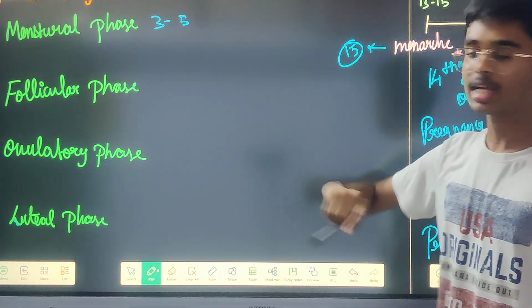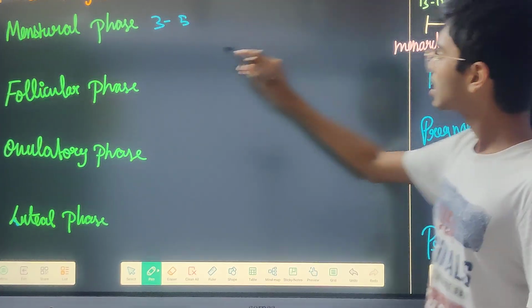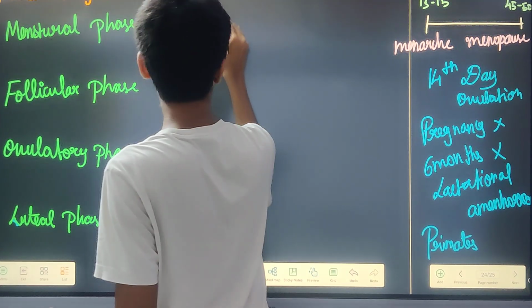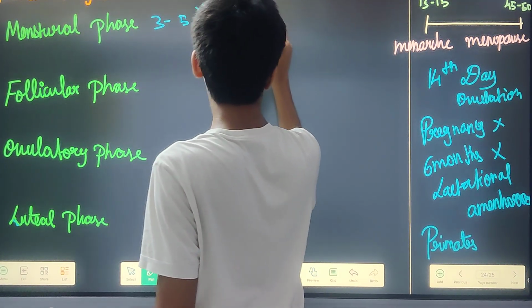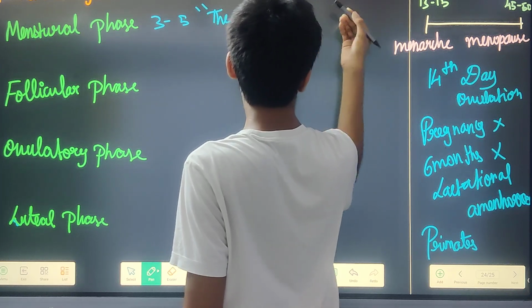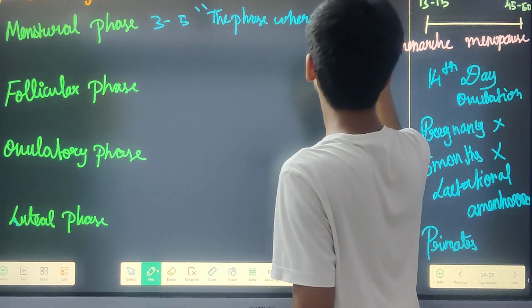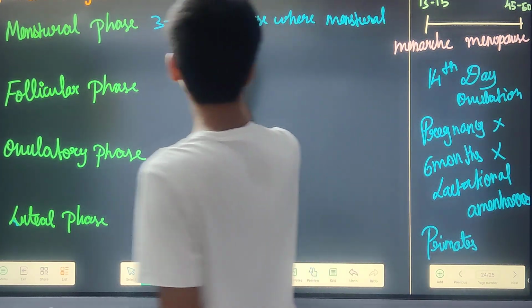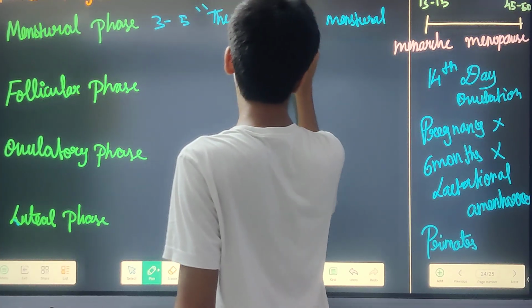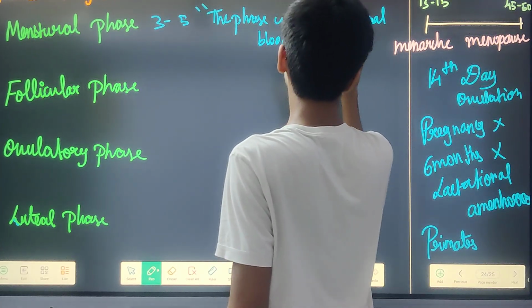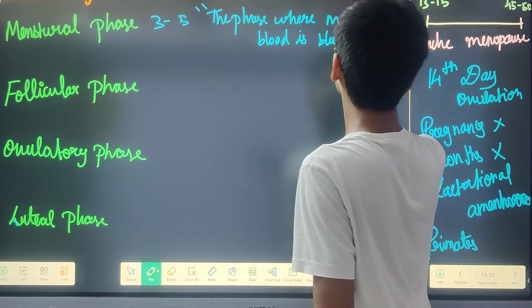That means just the blood flow. This is the phase where menstrual blood is bleeding out.